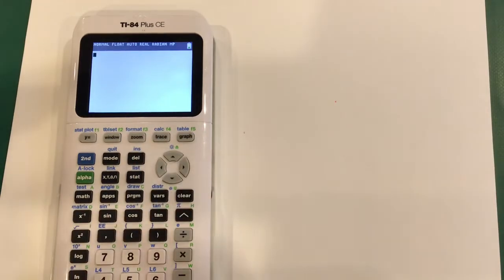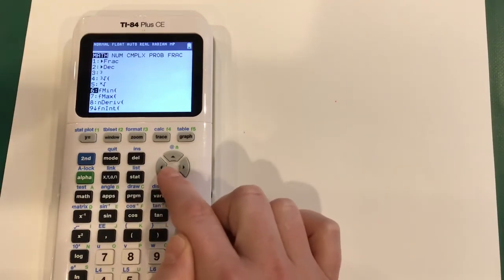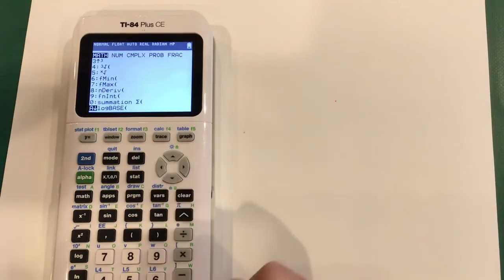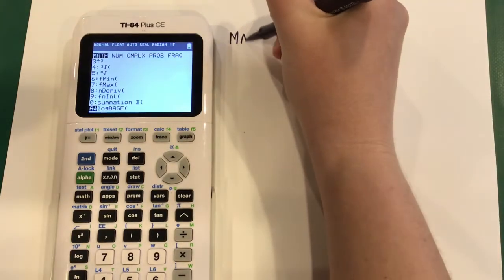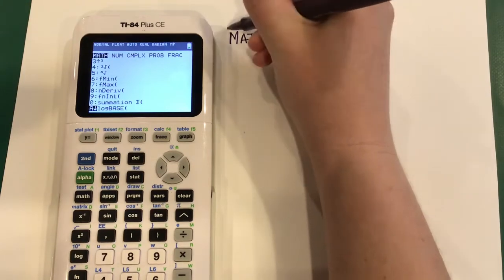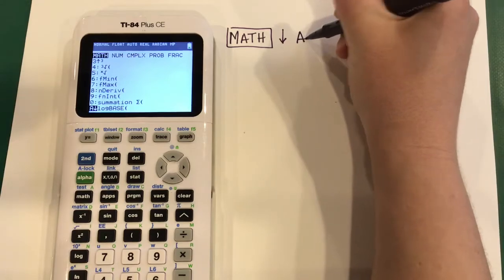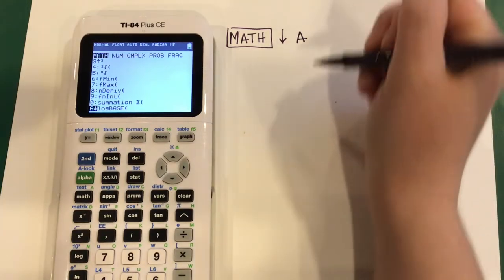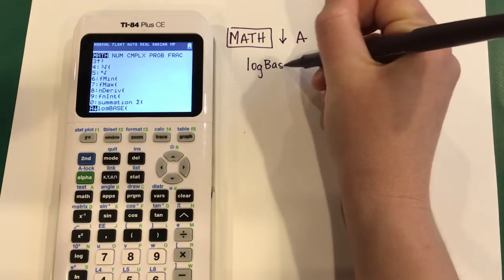Now, for those of you, if you want to check and see what you've got going on, if you hit your math button, and then you get to A, so I'll write it down: math, arrow down until you get to A, and it says log base.